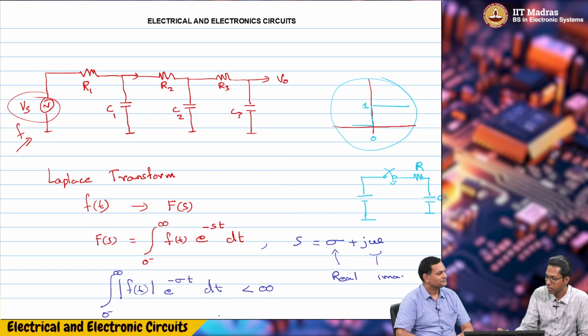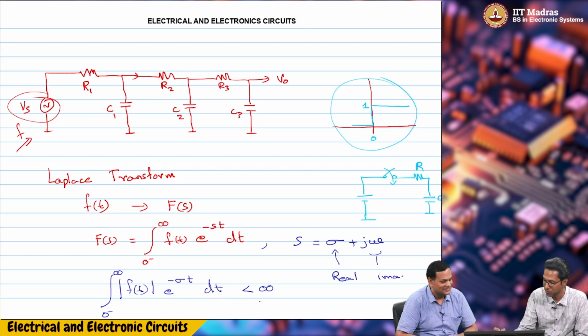For most of our electrical circuits, I think we don't have to check whether this is possible or not, and transforms are available. But from the definition point of view, it's good to know there is a condition that we need to satisfy.